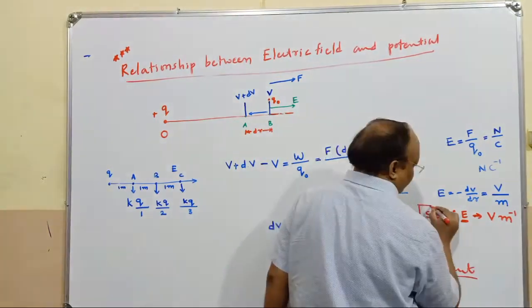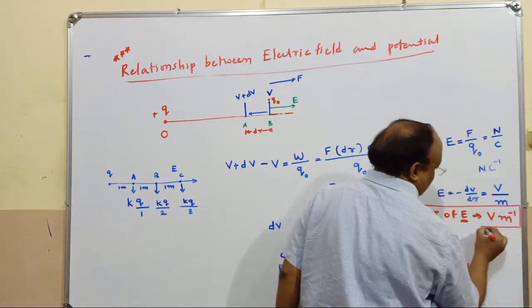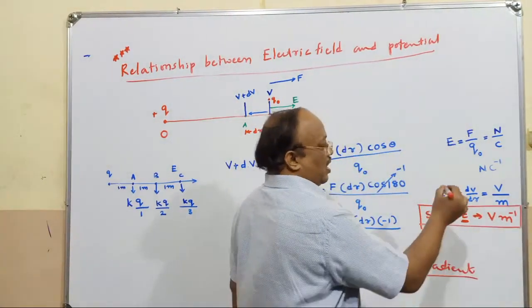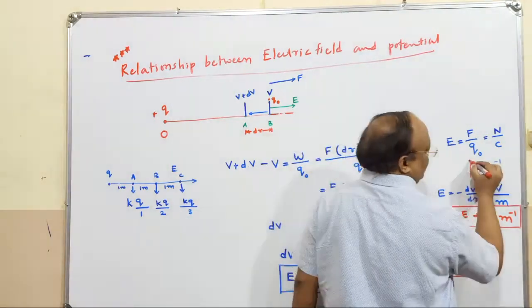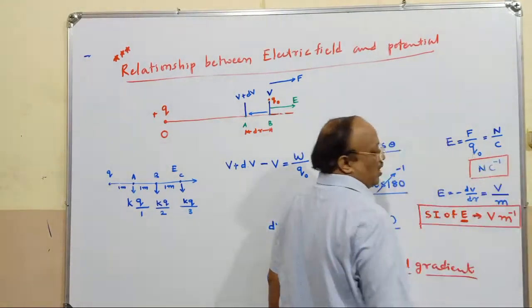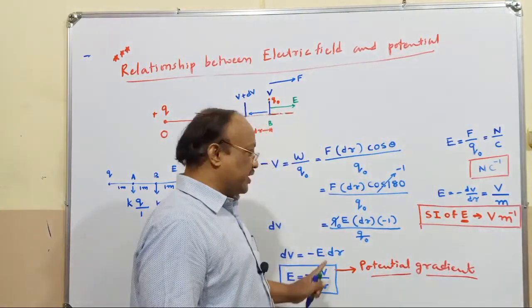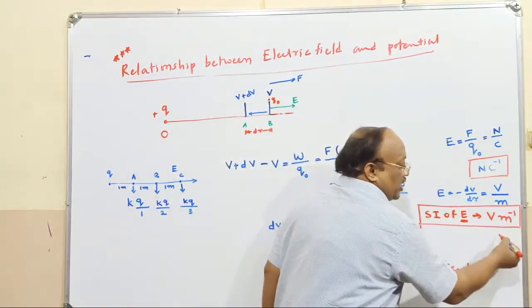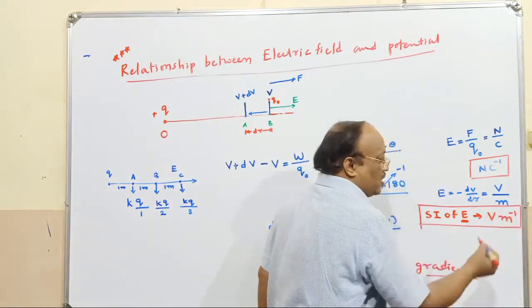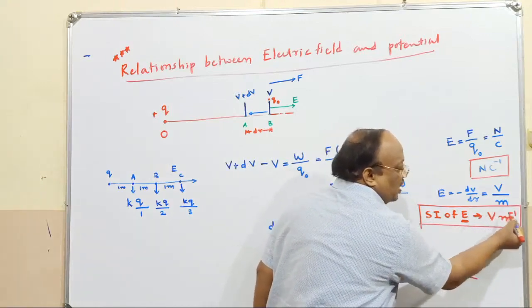Another SI unit of electric field is volt per meter. Already we are using Newton per Coulomb, and based on this expression one more unit of electric field we can have, that is volt per meter.